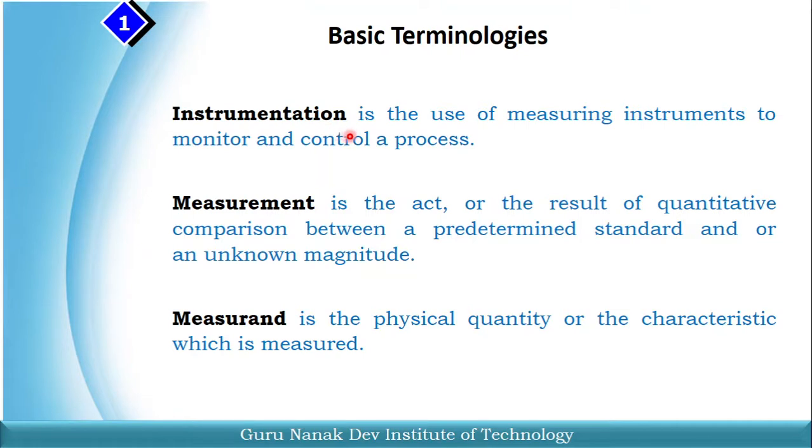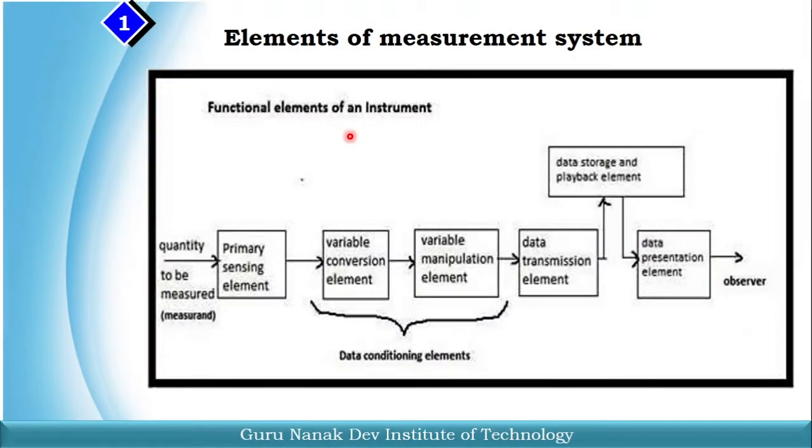Now the next topic is elements of measurement system. The first element of the measurement system is the primary sensing element. The primary sensing element is nothing but a transducer, meaning it converts the quantity to be measured into an electrical signal or some other suitable form for measurement purpose.